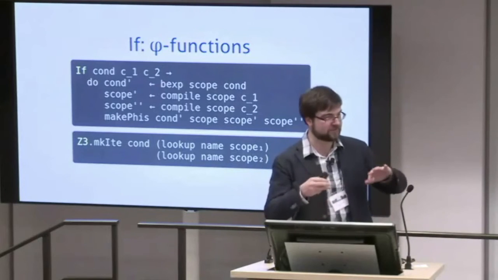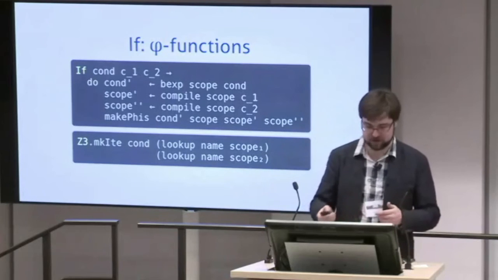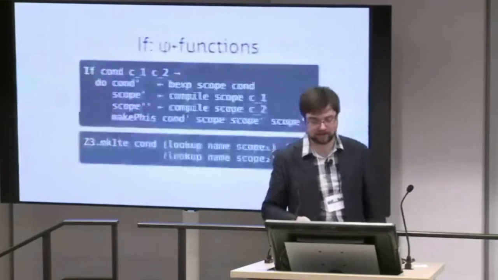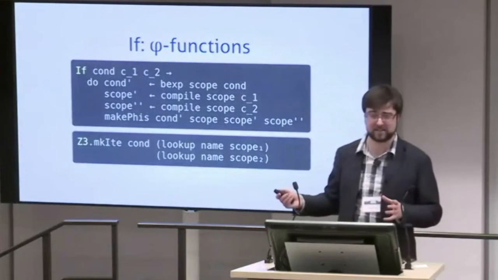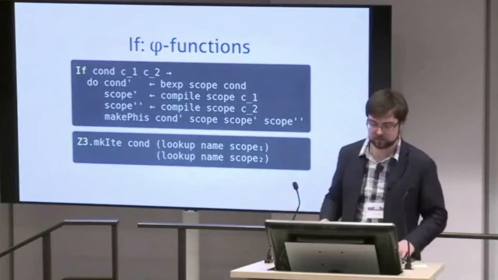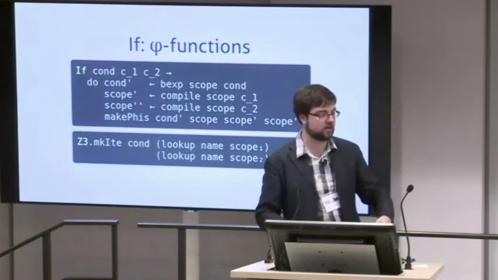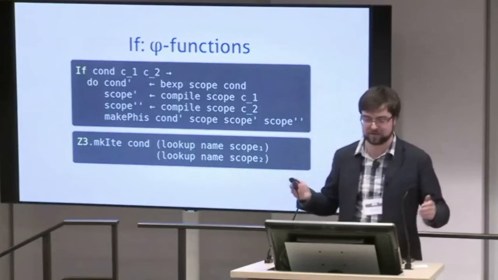And then after that, we add a sort of a phi function for every single variable that got changed. And as it happens, these functions in Z3 are called ITEs, which stands for if then else. So really, all this expression is saying is that if the condition is true, we took branch A. If the condition is false, we took branch B. And then the solver handles all the difficult lifting symbolically.